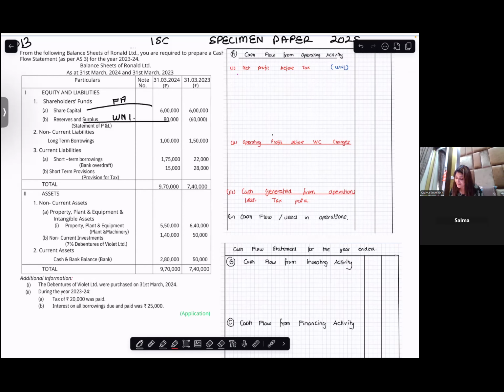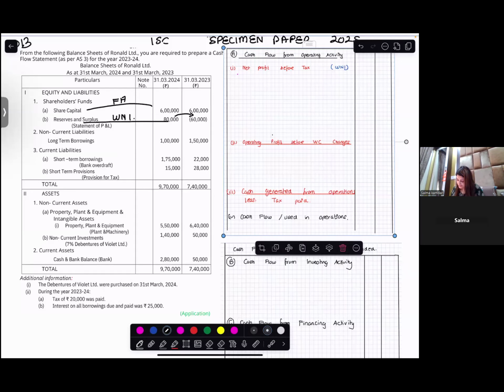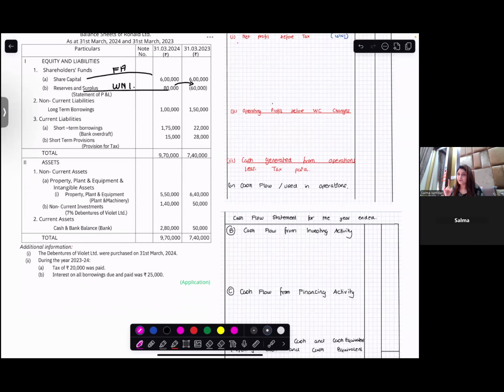Now, if I see my reserves and surplus, the closing is 80,000 and the opening is 60,000. So if I do my closing minus the opening, that is 80,000 minus 60,000. Let's go and check. When I go to my reserves and surplus, I know this is a part of my working note number one. Working note number one will give me my net profit before tax and extraordinary items.